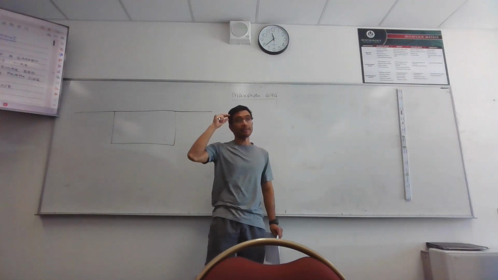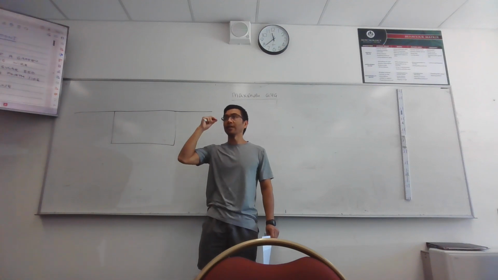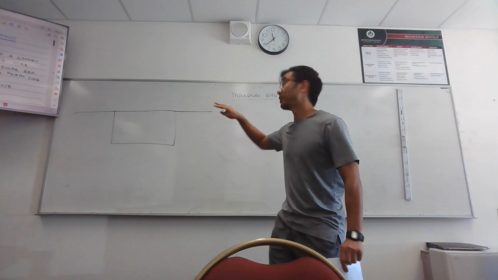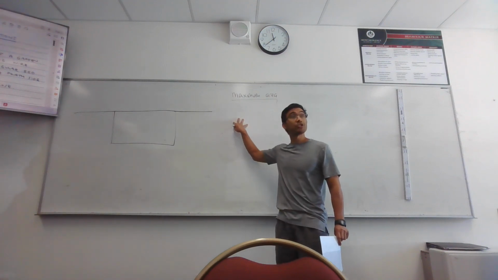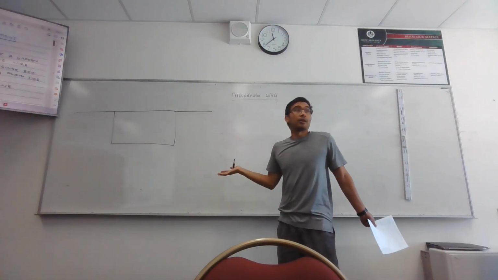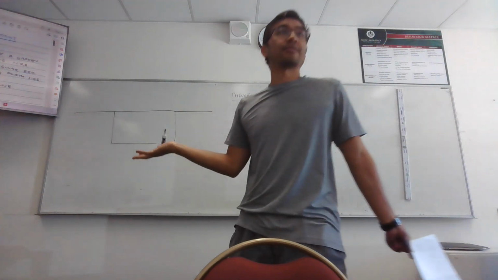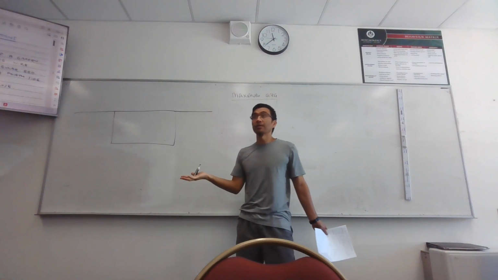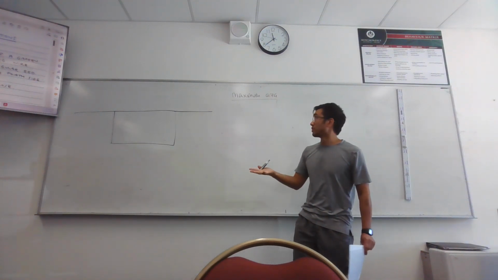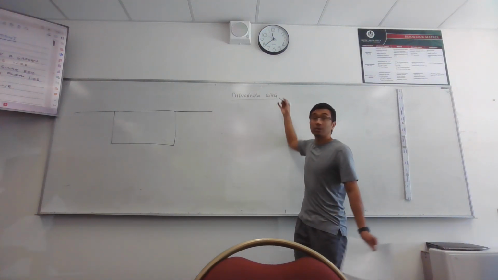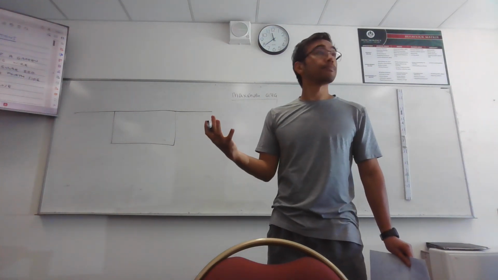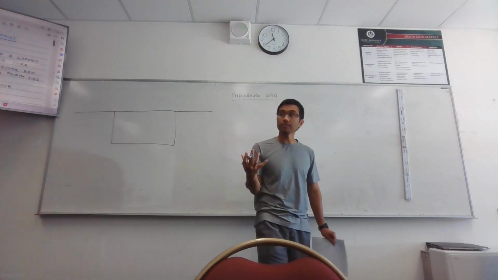Your brain needs to start ticking now. What sort of things are going to branch off from these 2 words, maximum area? Okay, let's just do some brainstorming. Area. What words are associated with the word area? Length and width.